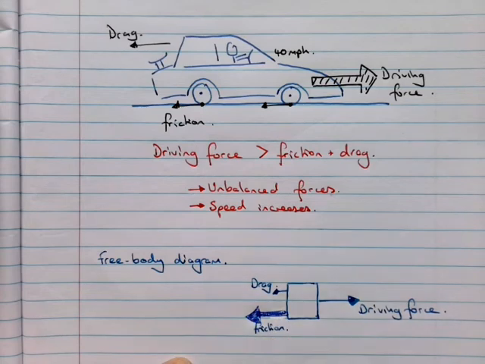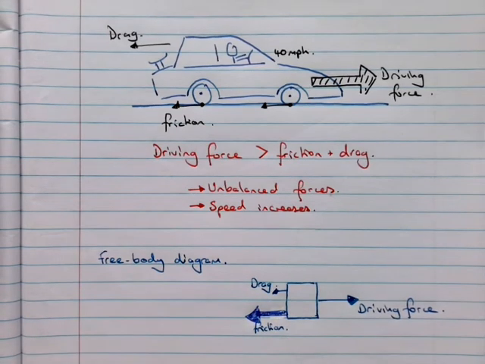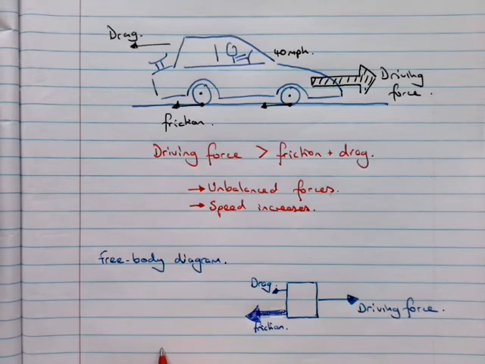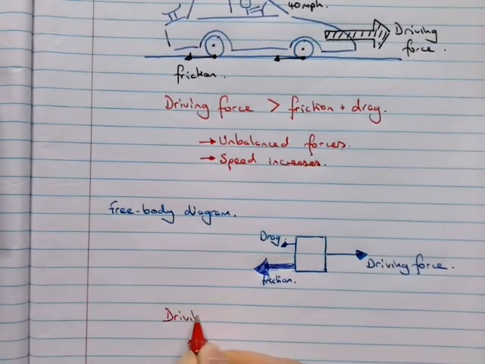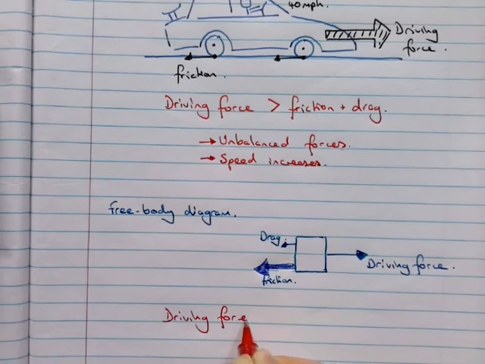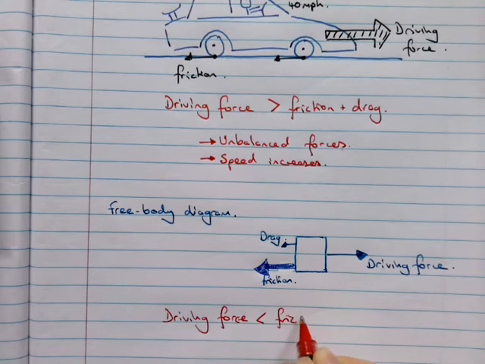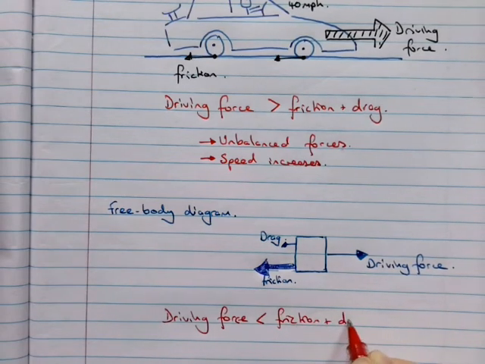Now we can see that the friction plus the drag is bigger than the driving force, or we could say the driving force is less than friction plus drag.